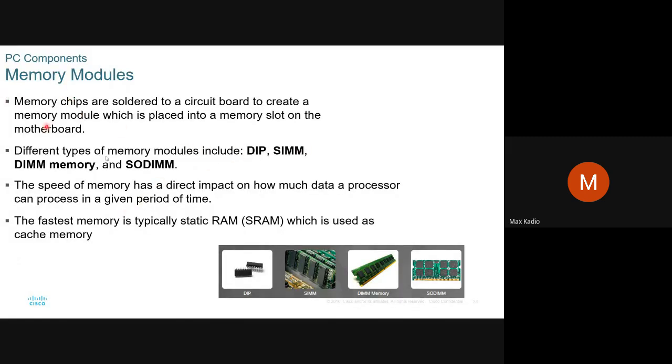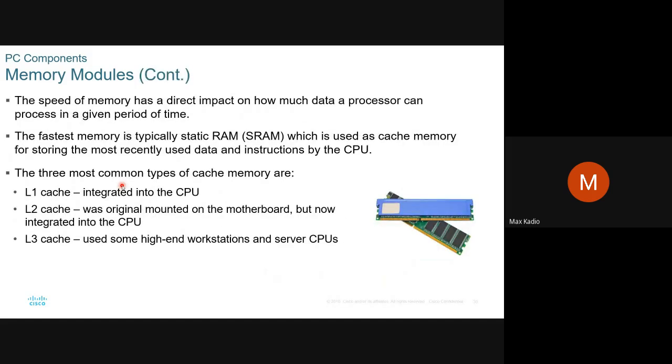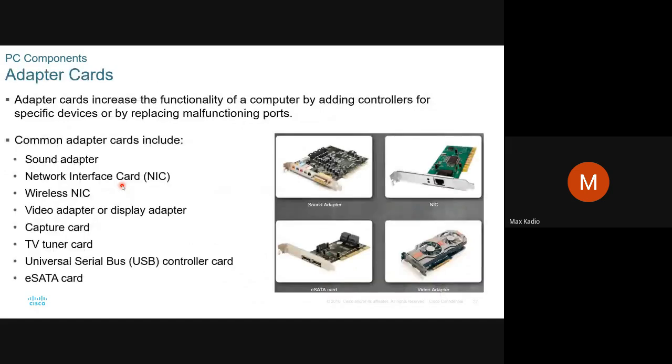These are also some modules that you can add. They are similar to the RAM, another type of RAM. So we have many things in your PC, and the adapter cards. Remember, I did explain to you. Here we have a sound card.